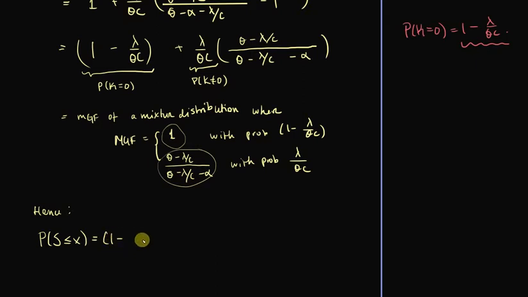So the weights of these two distributions are respectively 1 minus lambda divided by theta c, and lambda divided by theta c.